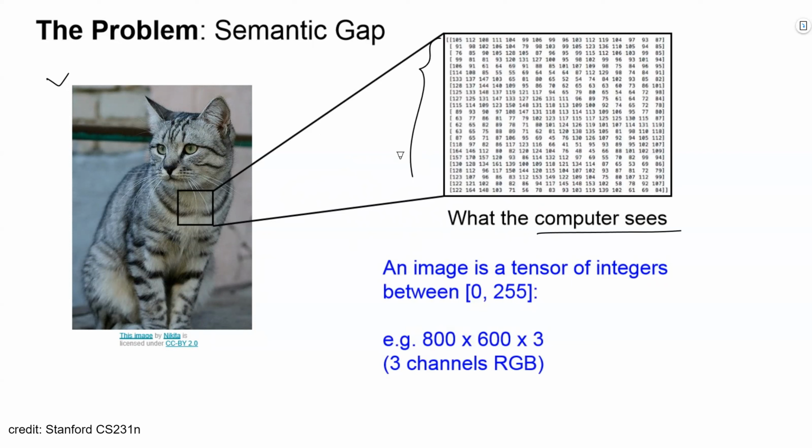An image is a tensor of integers between 0 and 255, because each pixel is represented with 8 bits, and 8 bits corresponds to 0 to 255.